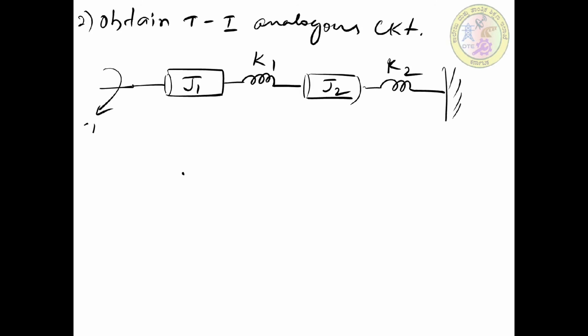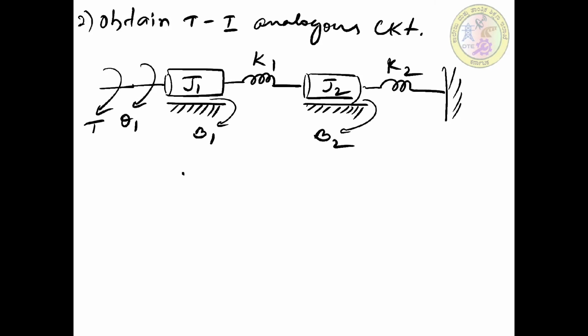Here the torque T is there and theta 1 is there, and the J1 element is associated with the friction B1 and J2 element is also associated with a friction B2. So this is our given mechanical system, and the two displacements are theta 1 and theta 2. For this we have to obtain torque current analogous circuit.